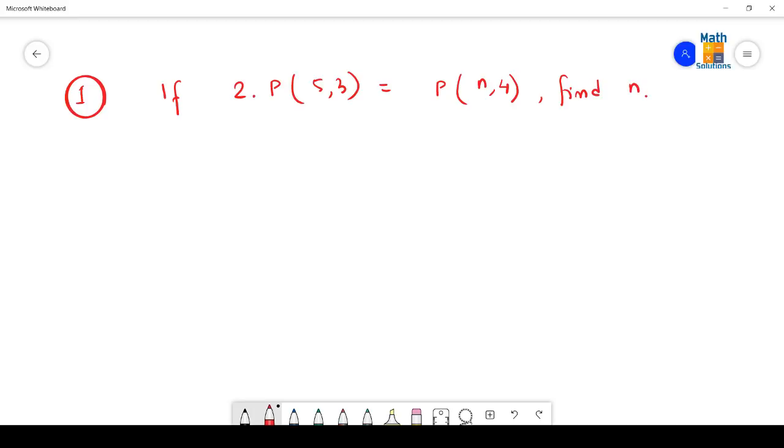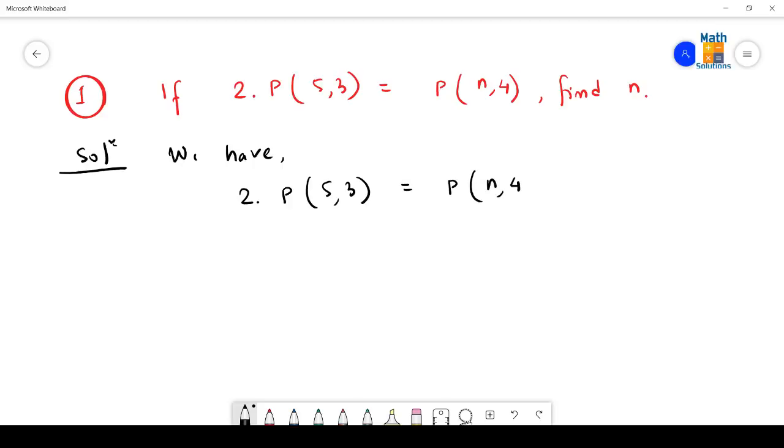So coming to the solution part, I am going to write the given expression here. The formula is already known to you now, P n comma 4. So here I can write 2 into, using the formula of permutation, P n comma r is equal to n factorial divided by n minus r factorial.